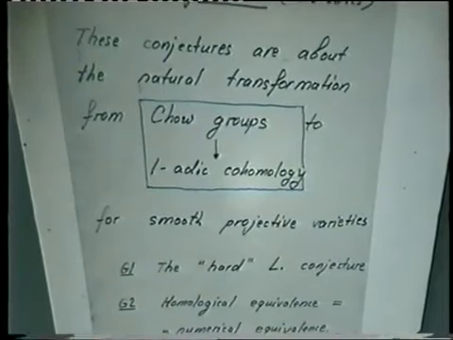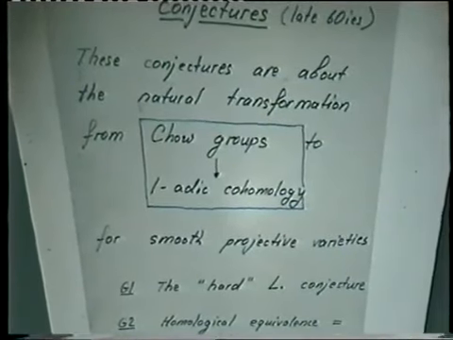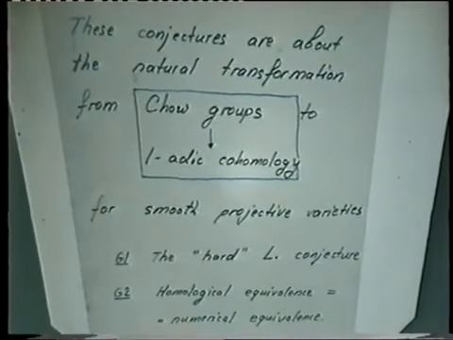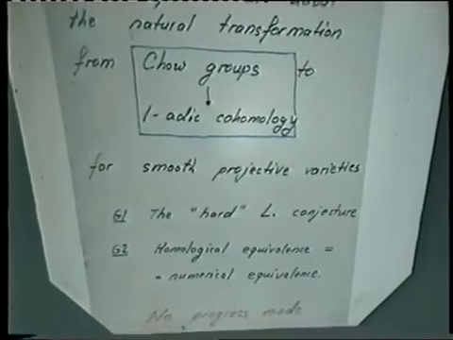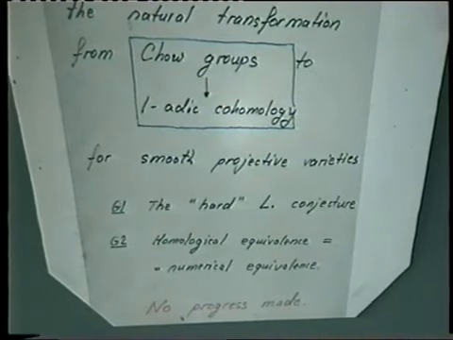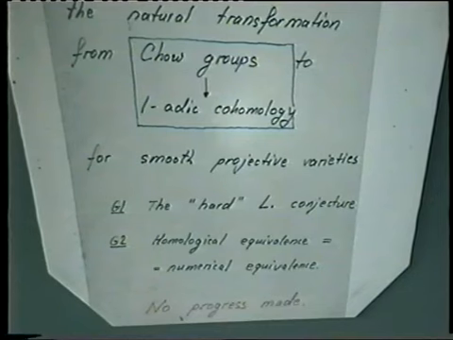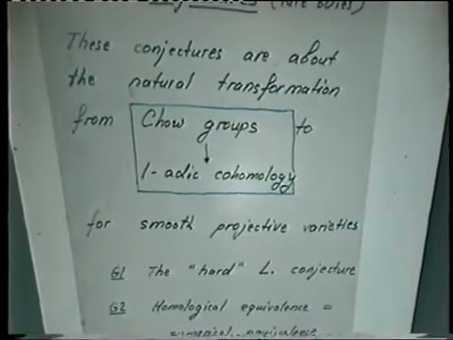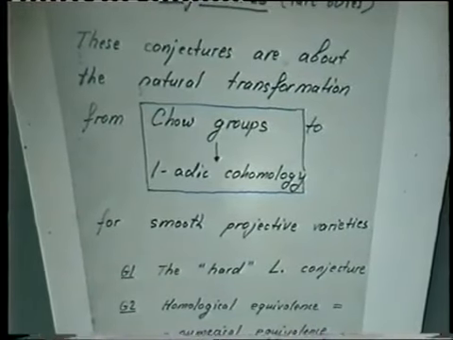There is the hard Lefschetz, and more or less equivalent to it, the statement about homological equivalence of cycles being equal to the numerical equivalence of cycles. Both of these conjectural statements concern the behavior of the natural transformation from Chow groups to L-adic cohomology for smooth projective varieties in the case of rational coefficients.